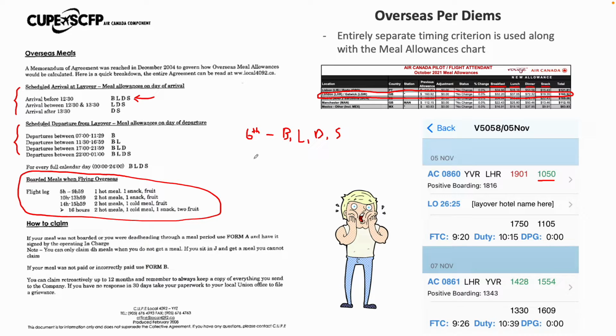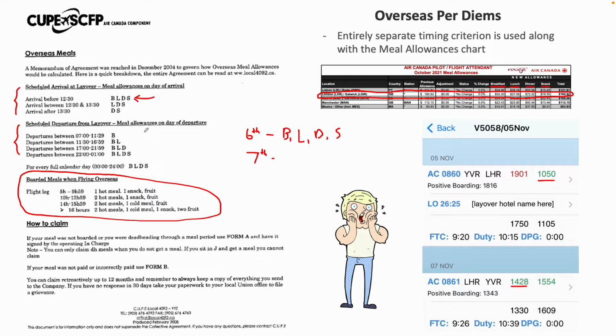And now what we have left to do is determine the expenses on the scheduled departure from layover, which is on the 7th. And we can see that the departure time was 2:28 p.m. local time. And over at scheduled departure from layover, we have four sets of conditions that are based on times of day.